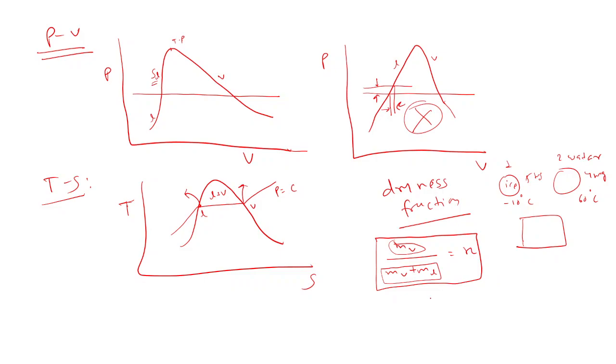For any property, at any point here, suppose the dryness fraction is x. Then h at x would be hf plus x times (hg minus hf).